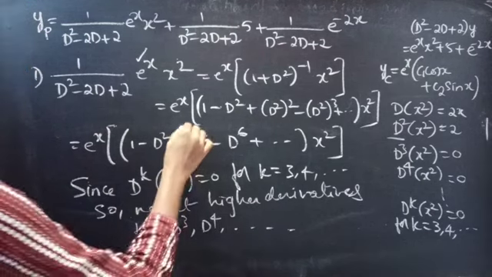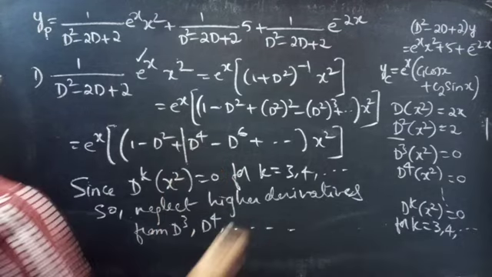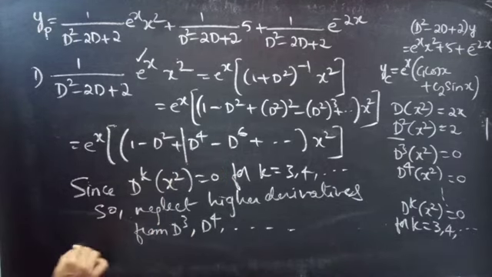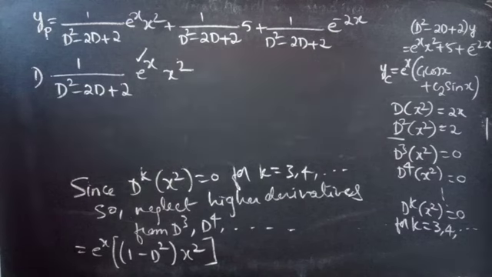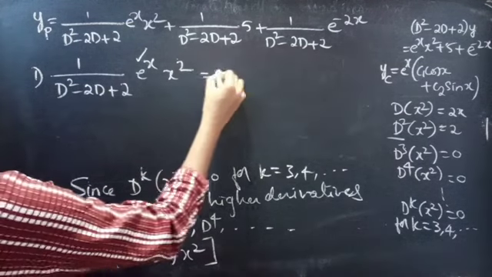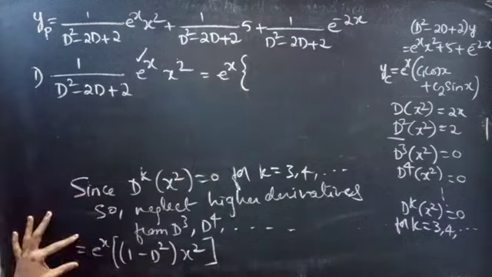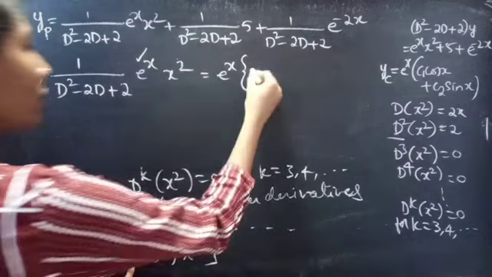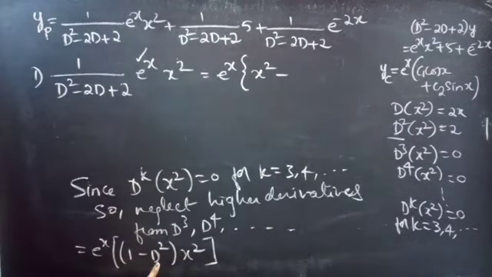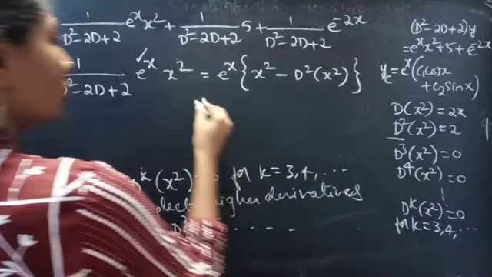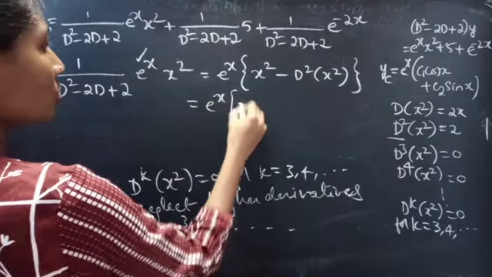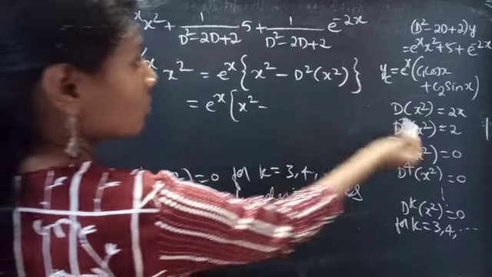So we are going to neglect all the terms from here. Then we'll get e power x into 1 minus D square into x square. This becomes e power x into 1 into x square is x square minus D square of x square, which is equal to e power x into x square minus D square of x square value, which is 2.